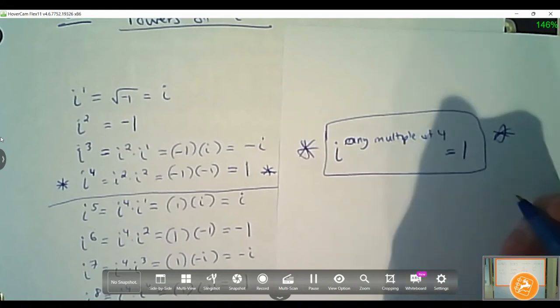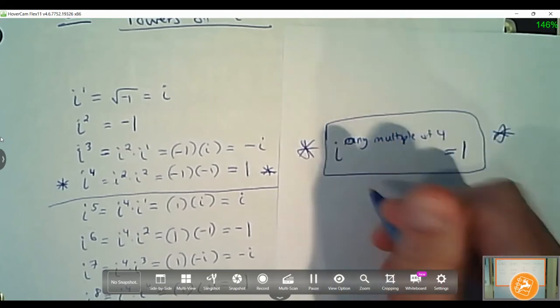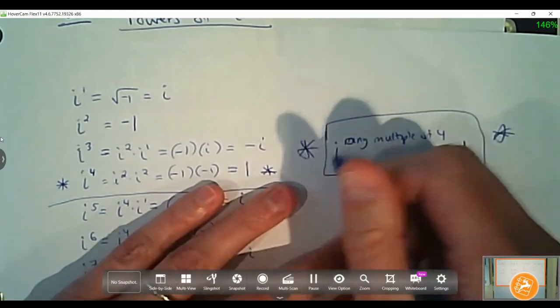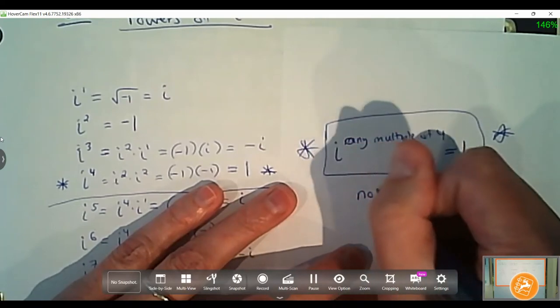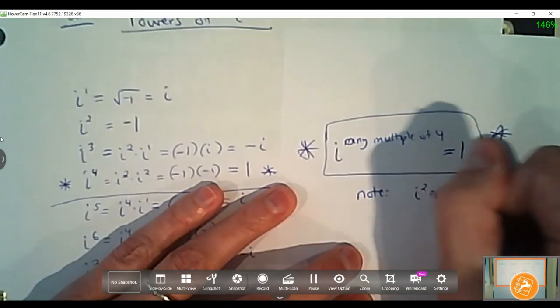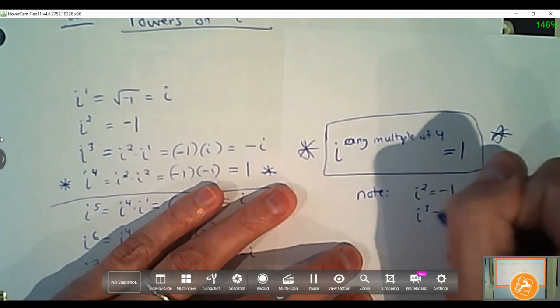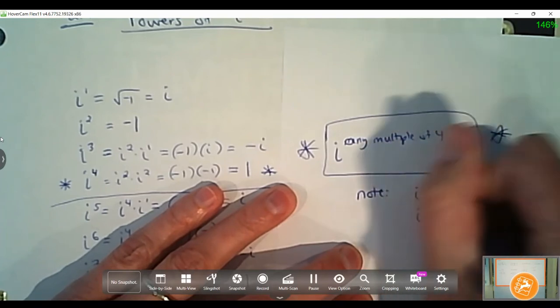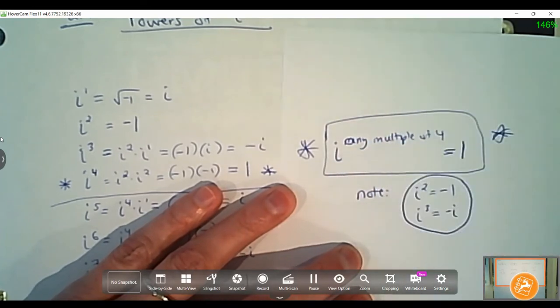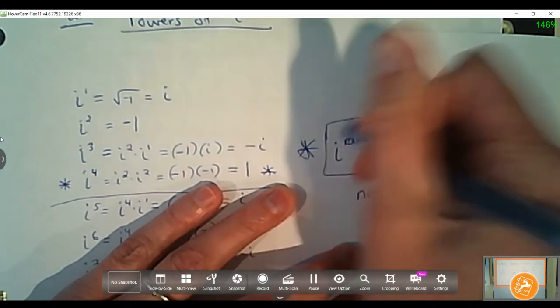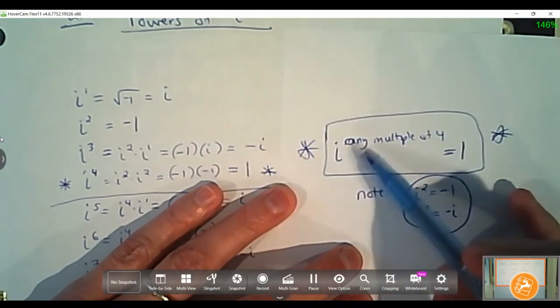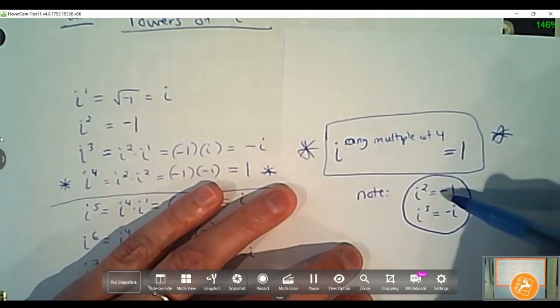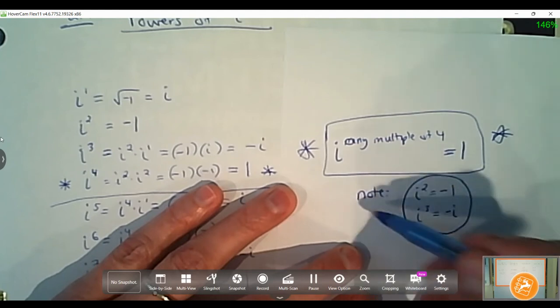And we can justify that pretty easily. I'll do that in a moment. But if we know that I to any multiple of 4 equals 1, and then we know that I to the second is negative 1 and I to the third is negative I, then we can pretty quickly find any power of I we want. So please make a note that I to any multiple of 4 is 1. And then we've already established these two facts, but you want to memorize those.